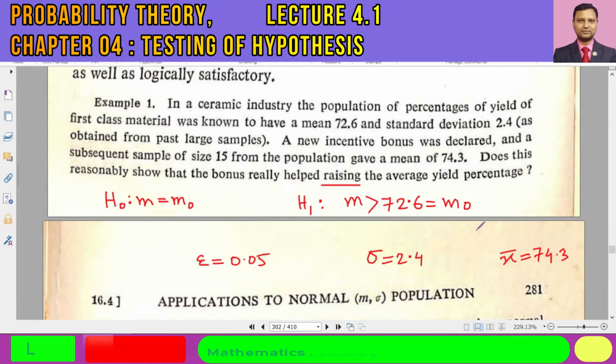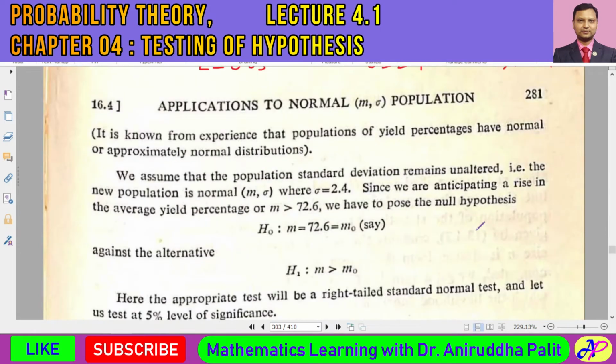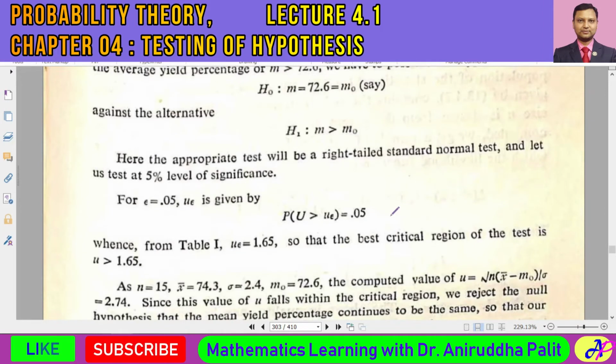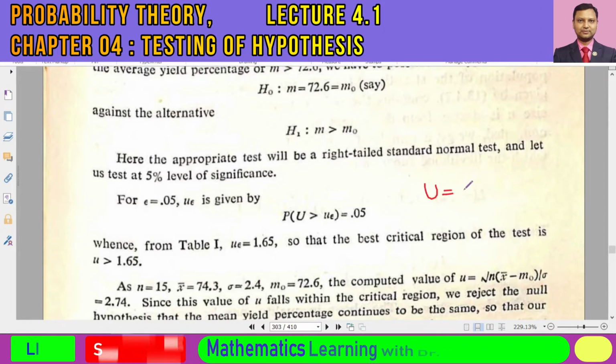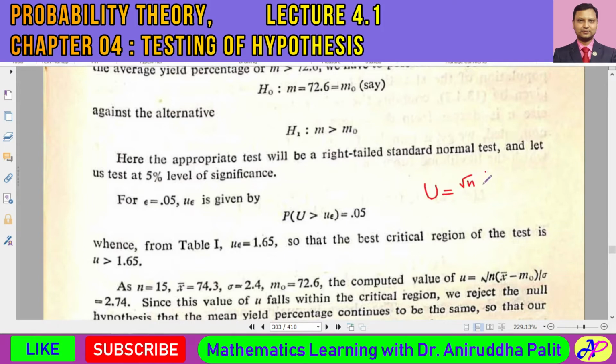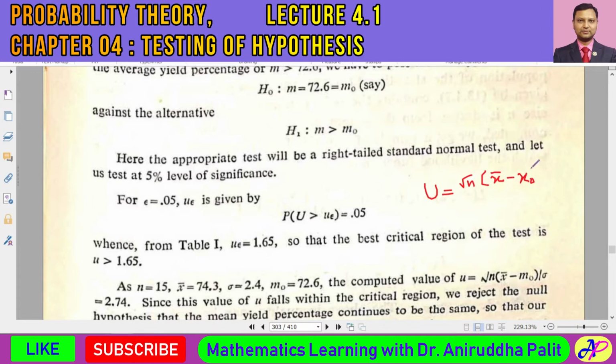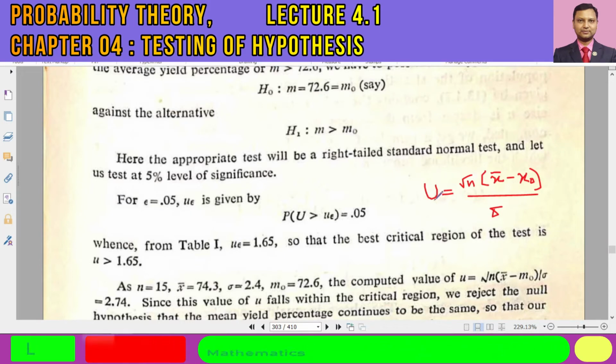Now considering all these values, we shall have to compute this value of the test statistic. U is equal to root over of n into x bar minus m0 divided by sigma. So we shall have to compute this value, and probably they have computed the value.